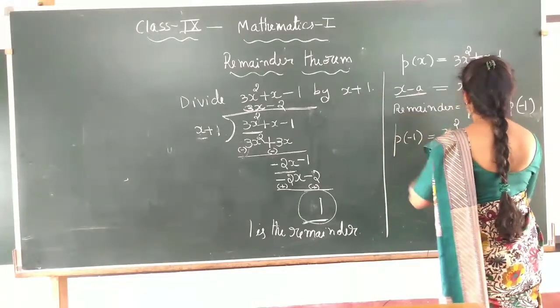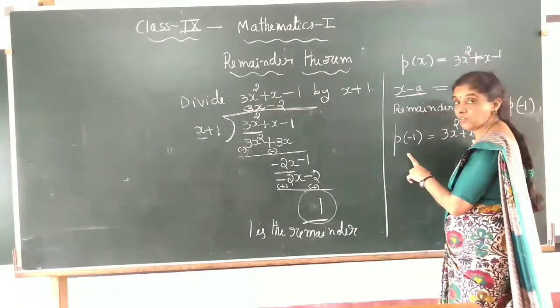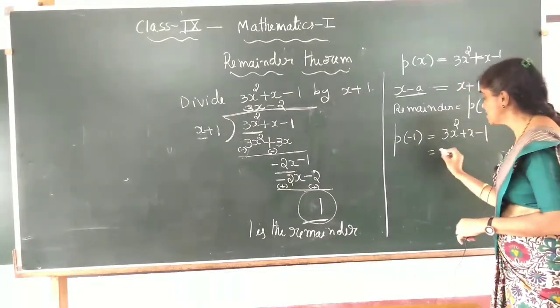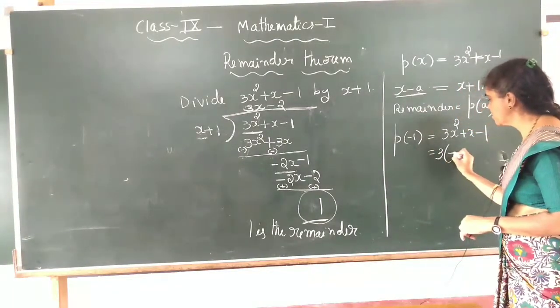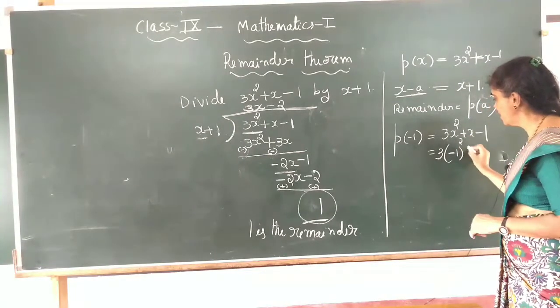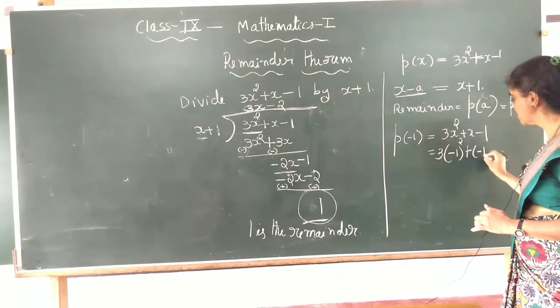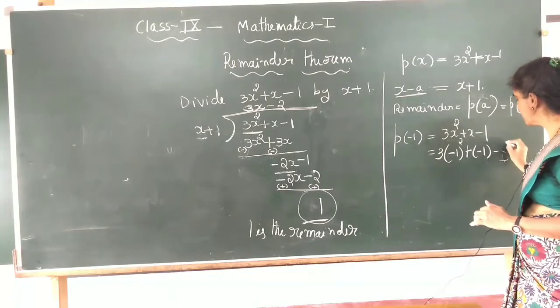Okay, now p of minus 1 is equal to, yes, the last class you have studied how to do this. Which value do you have to substitute now? Not 1, minus 1 you have to take. Now it is 3 into x value, minus 1 square, plus x is there, what is the x value? Minus 1, then minus 1.